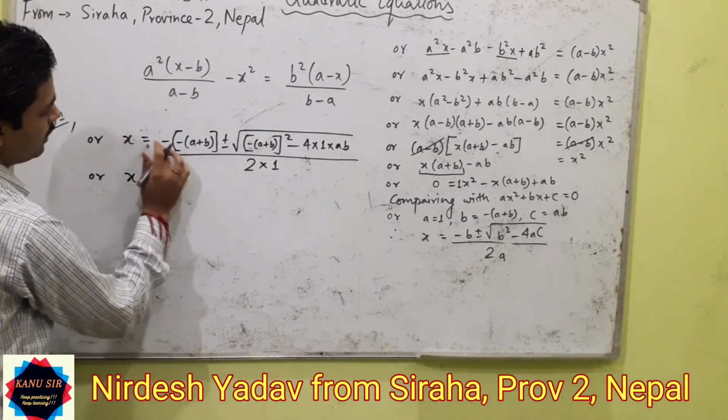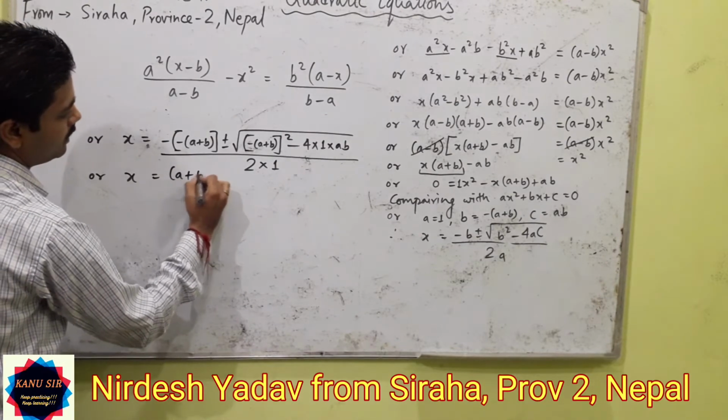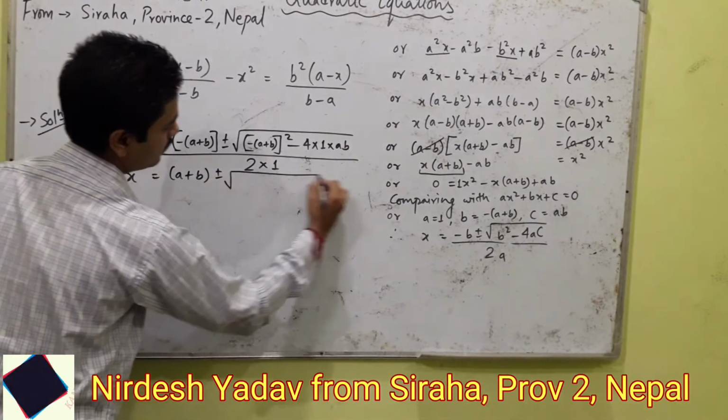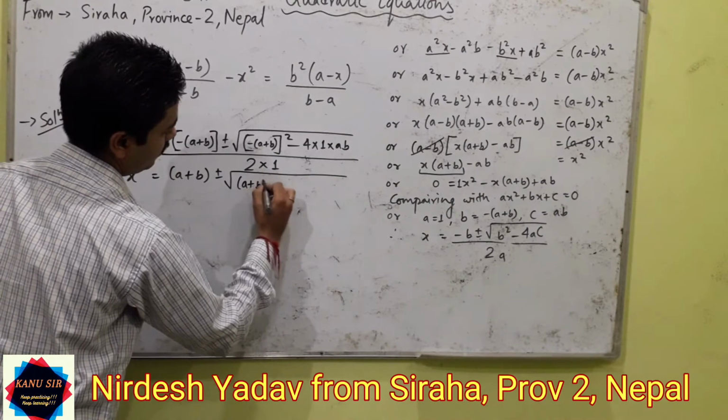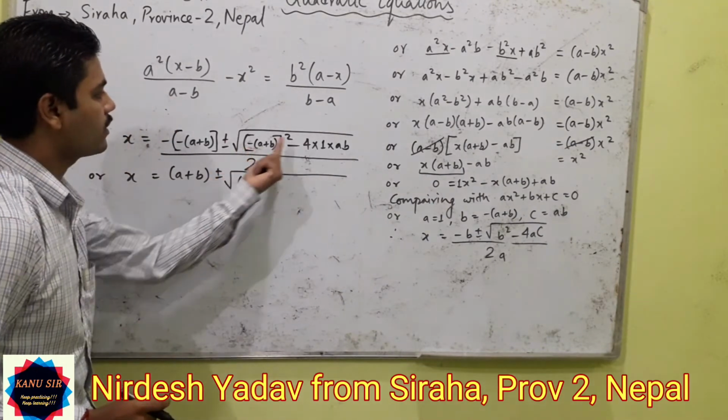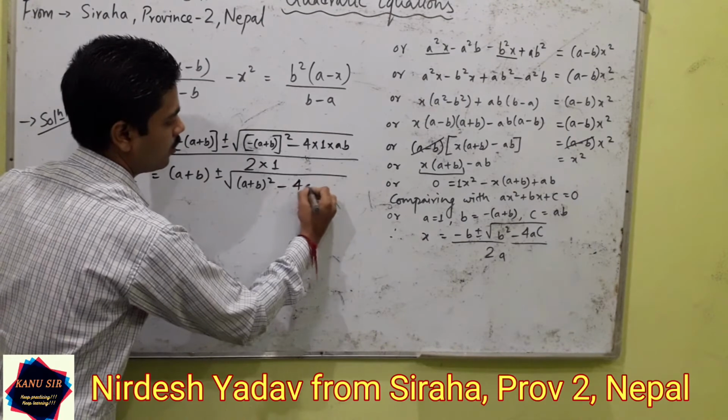So x equals minus times minus will be plus (a plus b) plus minus under root (a plus b) whole square, because square of minus will be plus, minus 4ab.